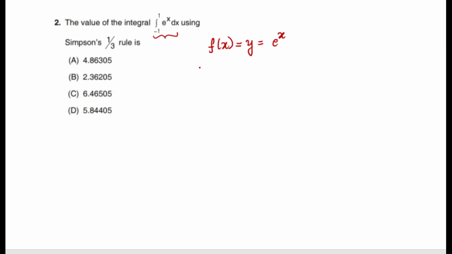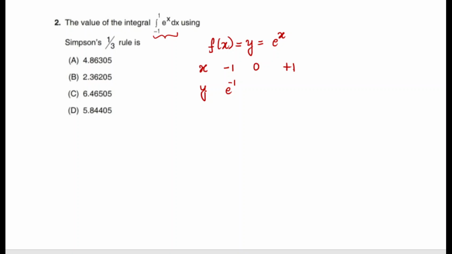Now, they have not given h, the difference. So I'm going to take the difference of 1, that is -1, 0 and +1. If x takes the value -1, what is the value of y? It will be e to the power of -1.